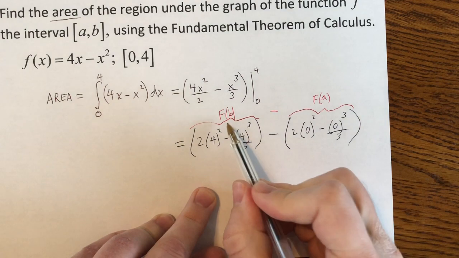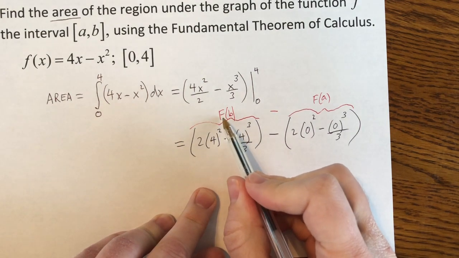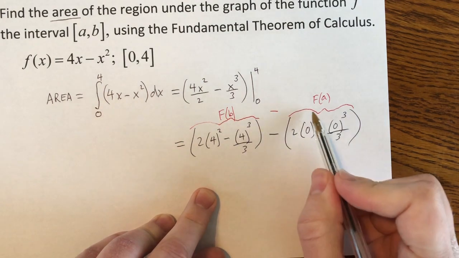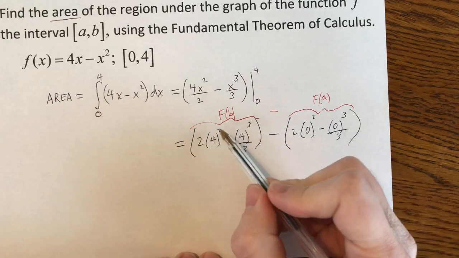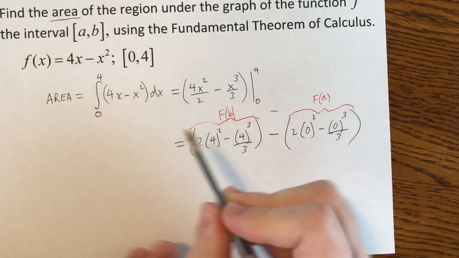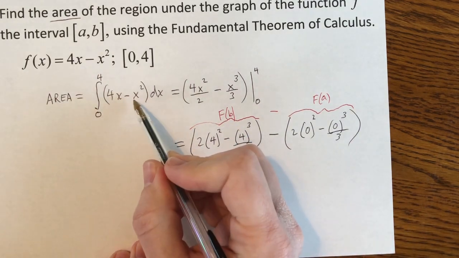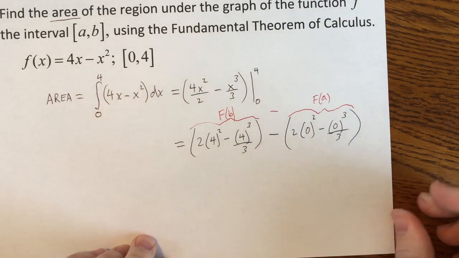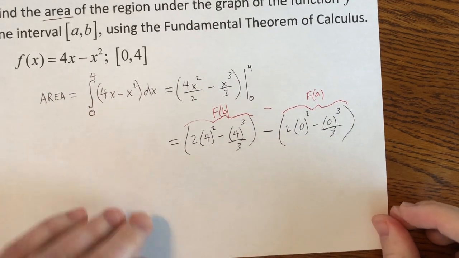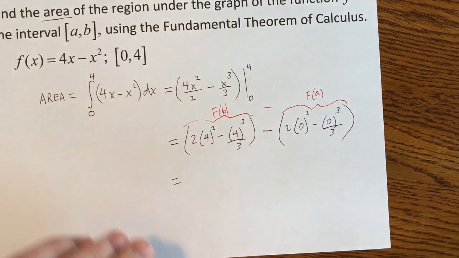That's the fundamental theorem of calculus: capital F of b minus capital F of a. What is capital F? Well, it's the antiderivative of the given function, or the integral of this function, okay? All right, so now all we have to do is evaluate.